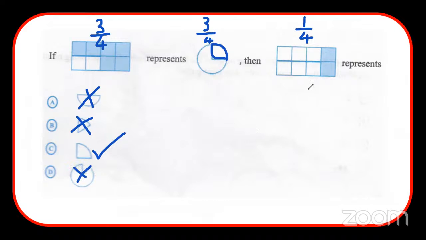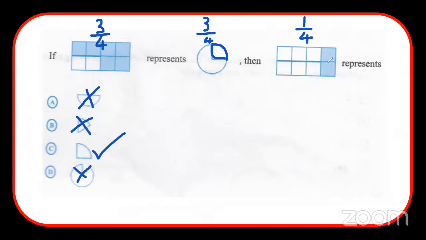So we can think about this as the missing part of this whole. And this fraction is 3/4. That means the missing part is 1/4. We could think about it like that, as well as we could do the same for the circle. What is missing from this whole too? It would have been this quarter. So yes, even though it's represented in two different ways, one in a rectangle, one in a circle, we can see the relationship between the different representations.